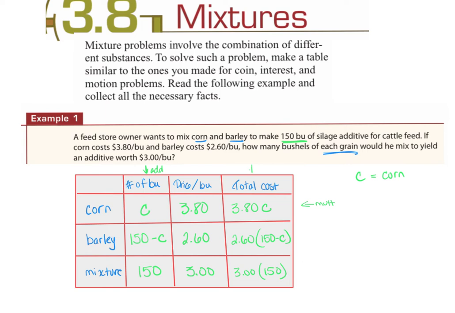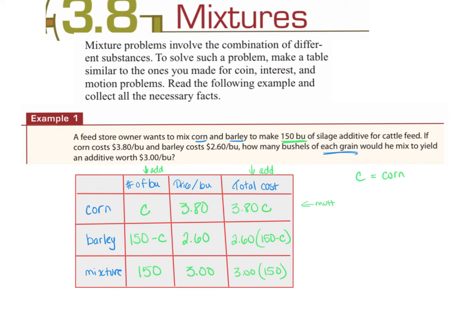This last column you will add down because the cost of the corn plus the cost of the barley should equal the cost overall, right? And that is my equation. This last column will create my equation.